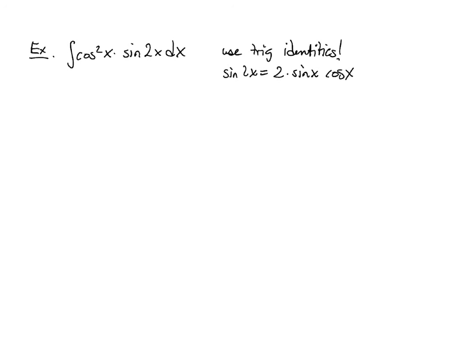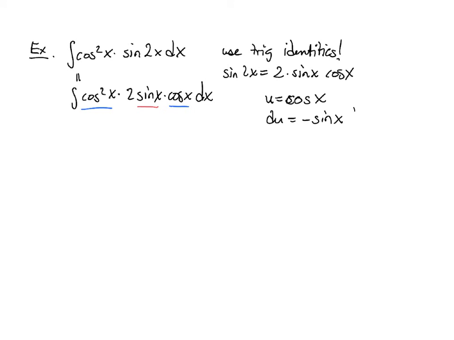If you put that into this particular integral, we have the antiderivative of cosine squared x times 2 sine x cosine x dx. Here I have a single power of sine and multiple powers of cosine, so I can use u equals cosine x, du equals minus sine x dx as a substitution.